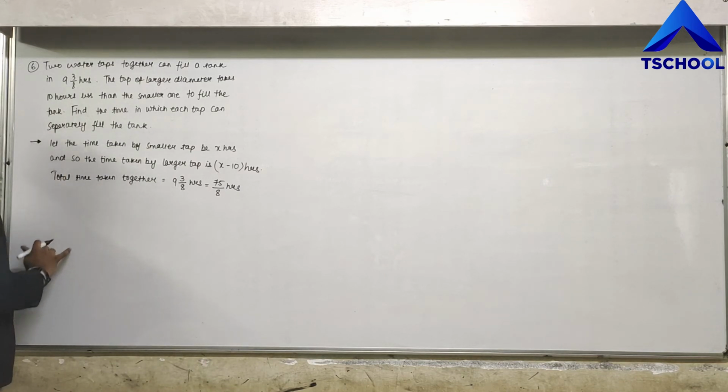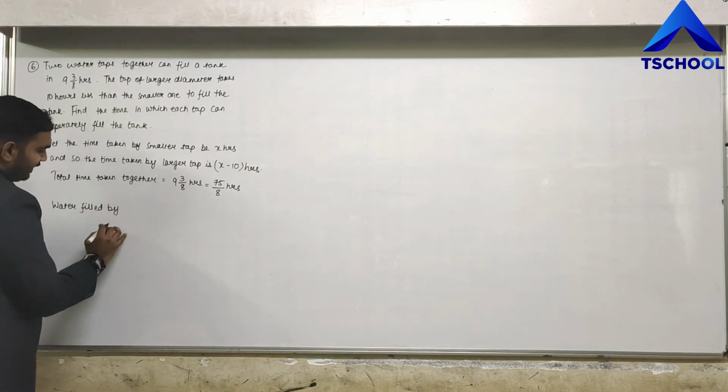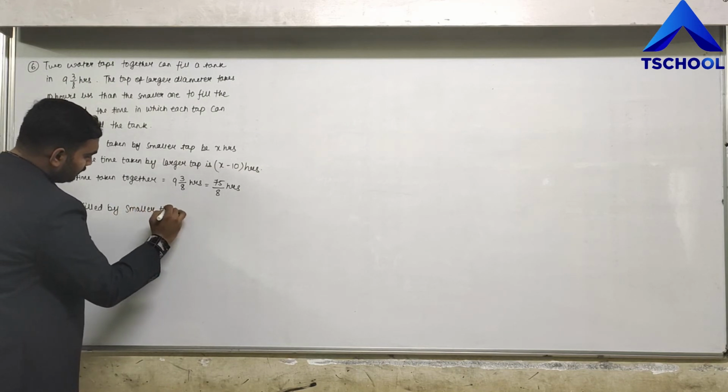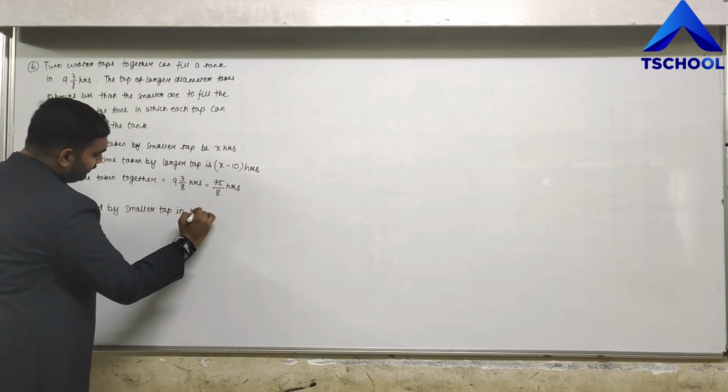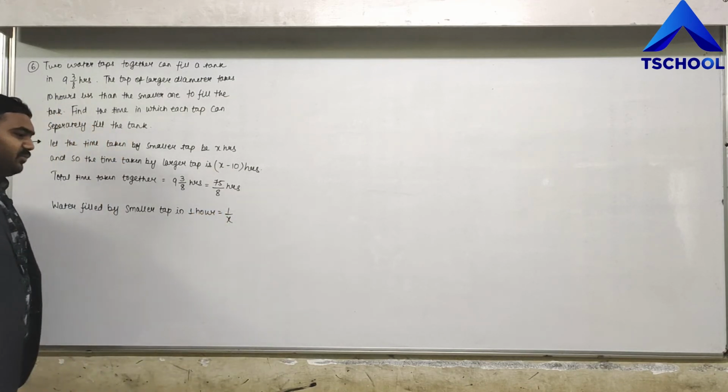Now what we shall do is we shall find out the amount of water filled, right? Now water filled by smaller tap in 1 hour, that is 1 upon x.